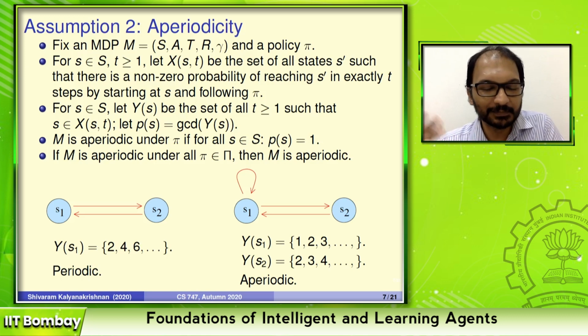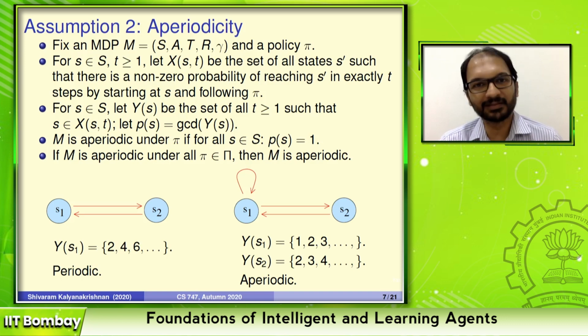Now let's look at the formal definition. So again, let's take an MDP and some fixed policy pi. This definition is not very easy to read and understand, so maybe you'll have to go over it a couple of times, but let me try my best.